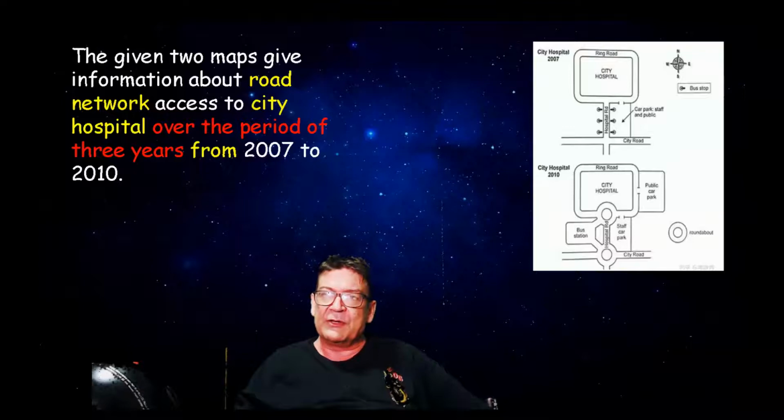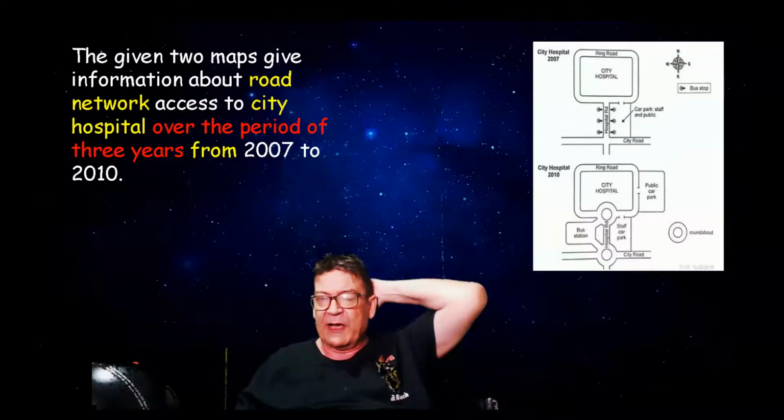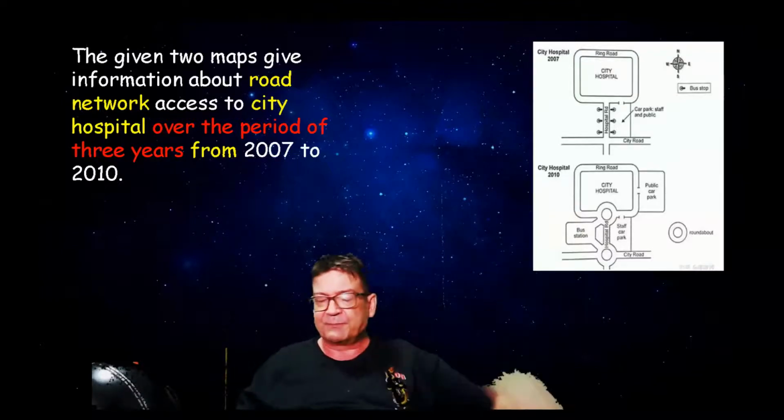So yellow is supposed to be spelling or word choice. Okay, it's not a road network, it's one. Red is task achievement, and that includes understanding what you're looking at and reporting it accurately.